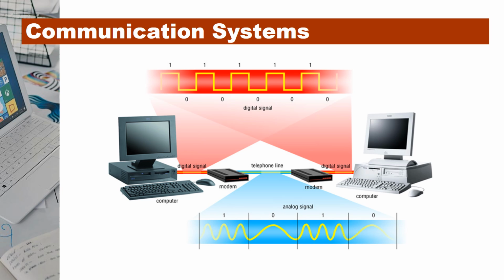Analog signals are continuous signals that represent data using physical properties such as voltage or frequency. Digital signals are discrete signals that represent data using binary digits. You can see on the diagram there are ones and zeros.